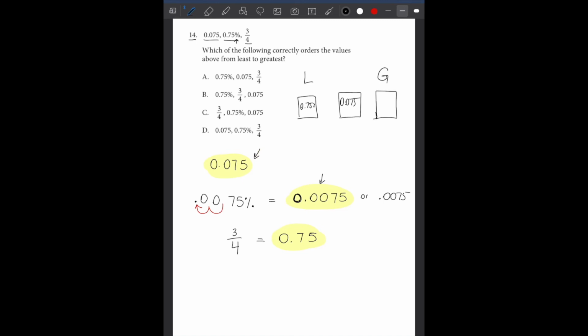The greatest would be the one that has the least amount of zeros. 0.75, which is actually 3 over 4, and that's this guy. So the one that looks most similar to that would be A. That is exactly it. 0.75%, 0.075, and 3 over 4. So our answer for 14 is A.